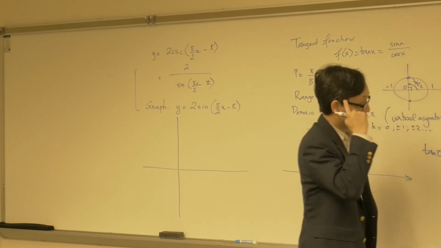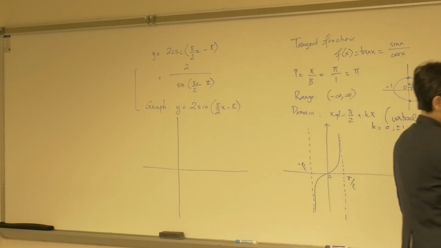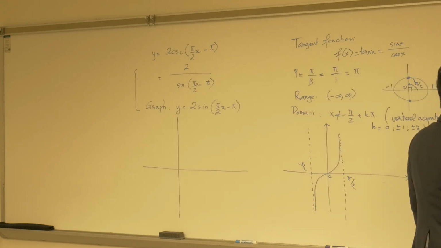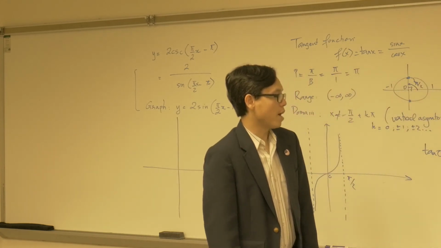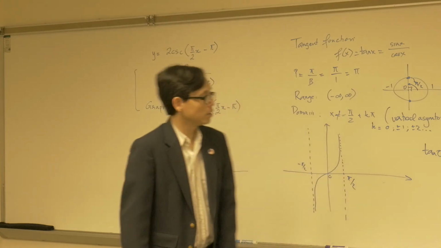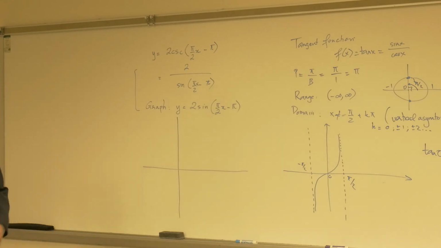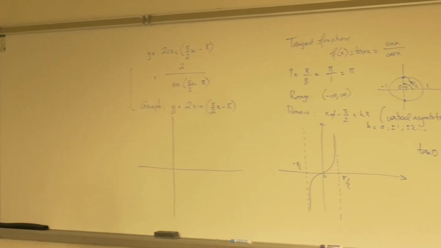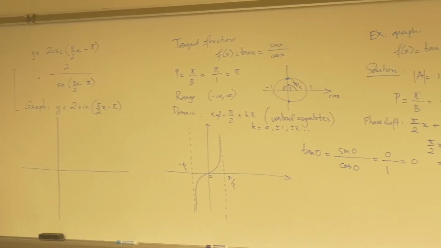Negative 1 over 2, so negative half. Negative pi over 4 divided by pi over 2, you flip it, so I have 2 over 4, I simplify. So is it moving left or right? Left, yes, it is left.